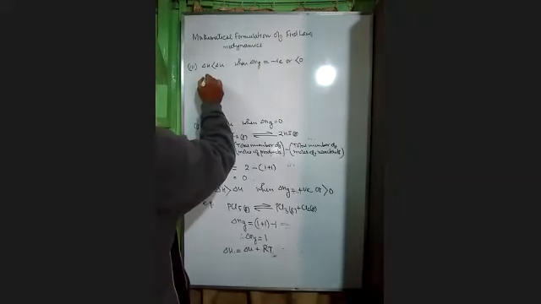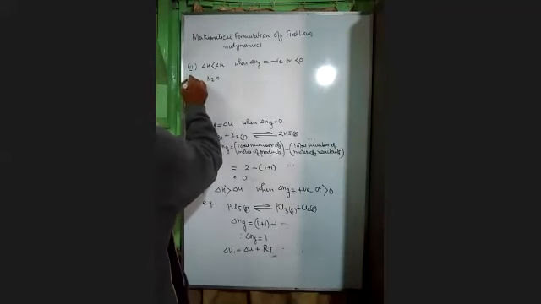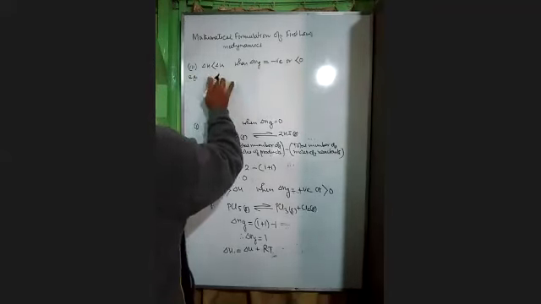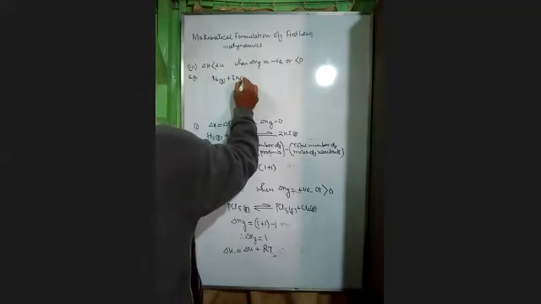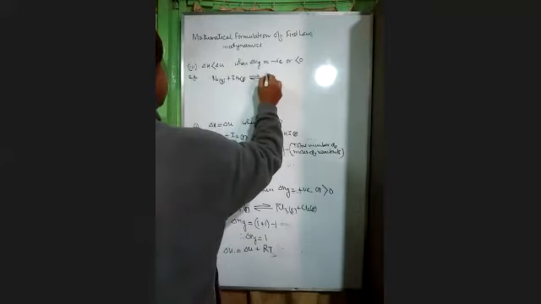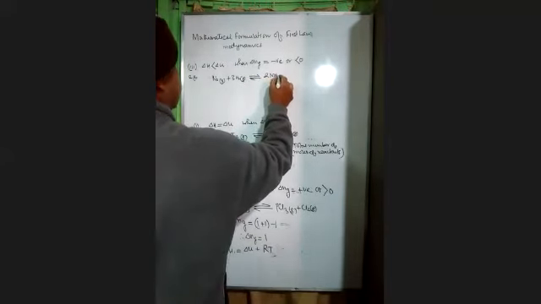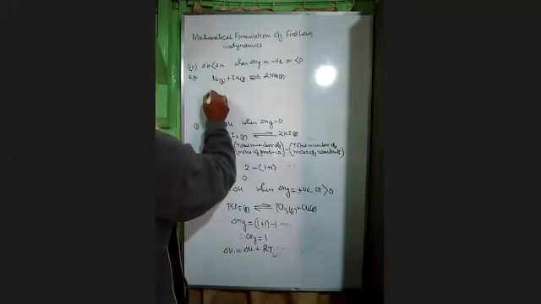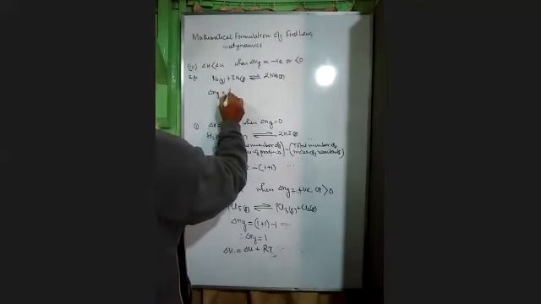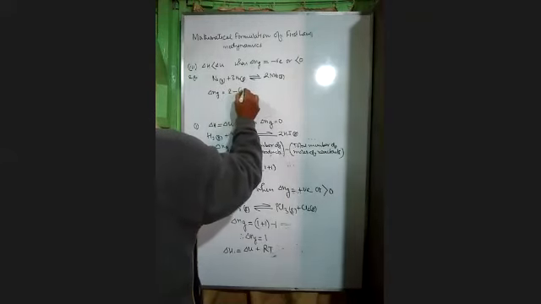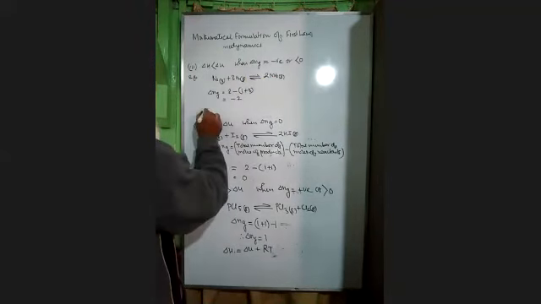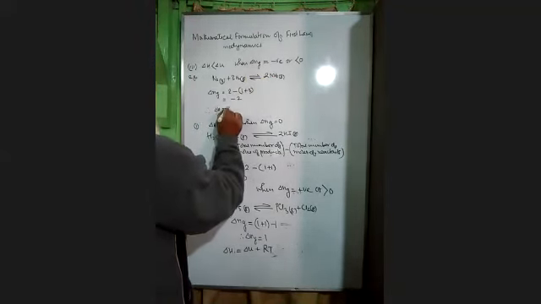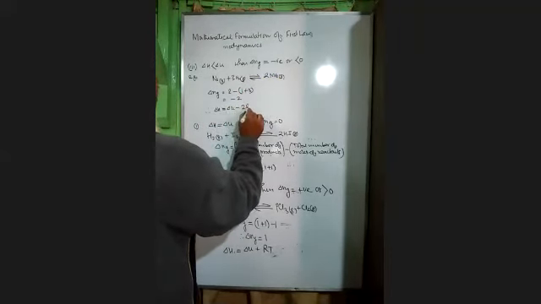See here, example, N2 plus 3H2 gives 2NH3. This is a very famous equation, the reverse process. See here, delta n_g is what? 2 minus 1 plus 3, that is equal to minus 2. So in this case, what is the value of delta H? Delta U minus 2 into RT.